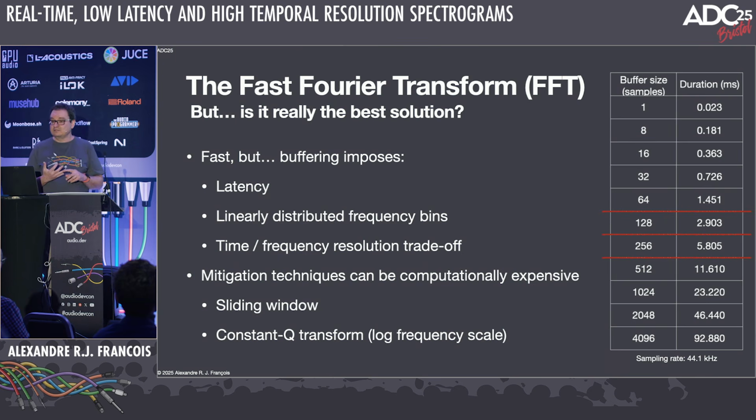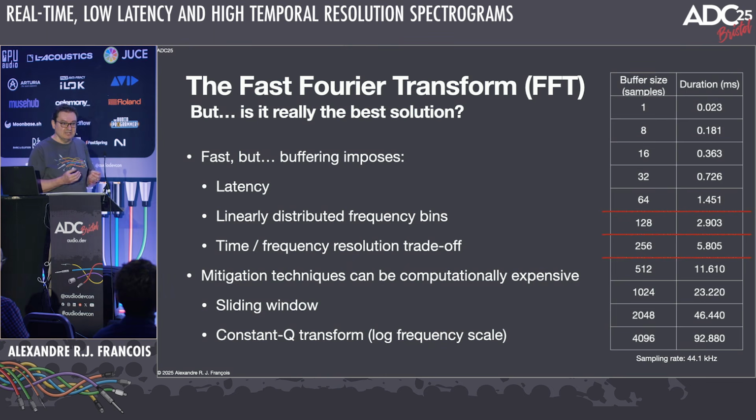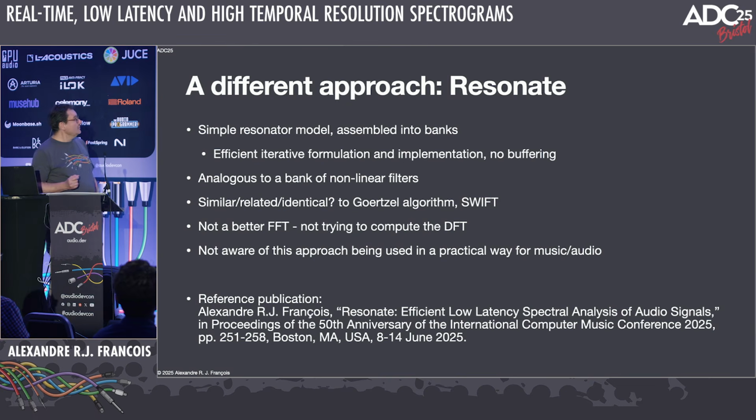It introduces some delay that is at the limit of what you want to have for an interactive application with bigger and bigger and faster computers, but still at the limit. And there's a whole bunch of things you need to do afterwards that make it not that fast in the end. So I propose a different approach.